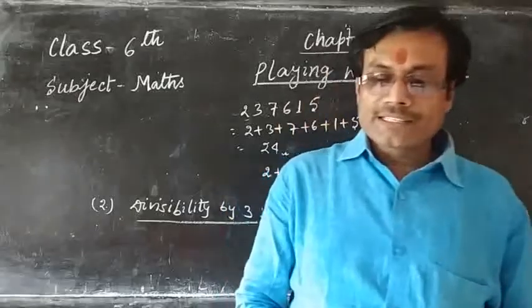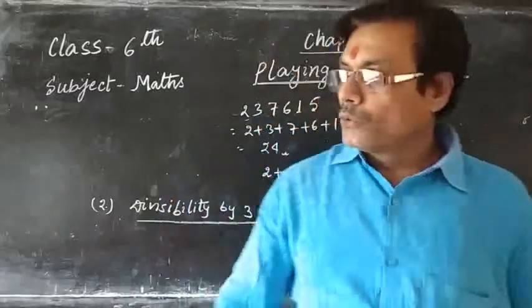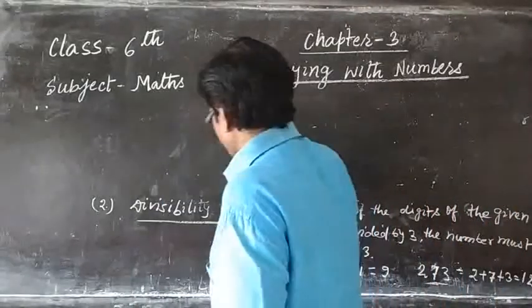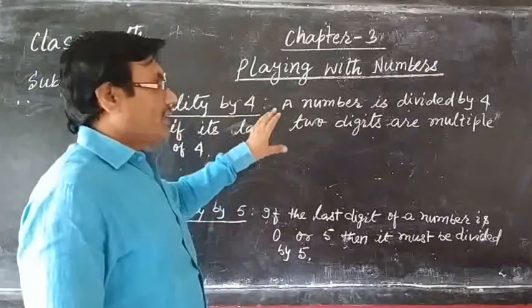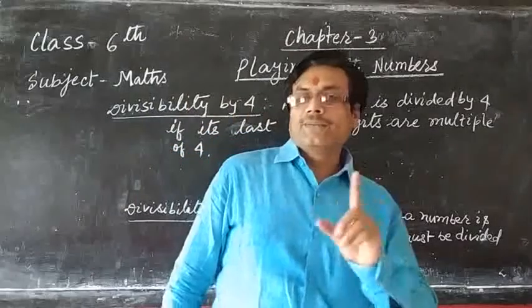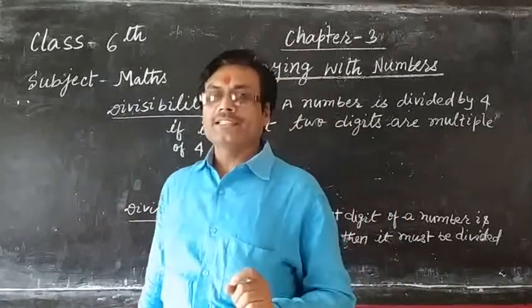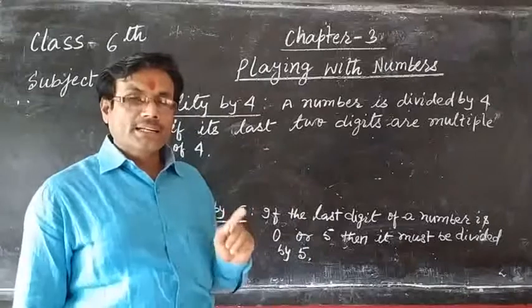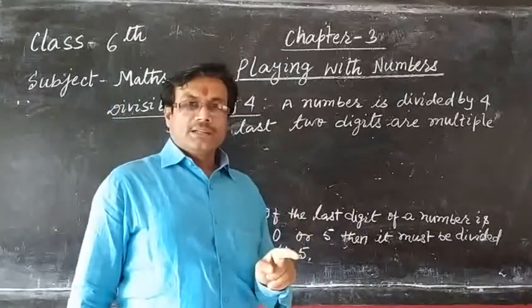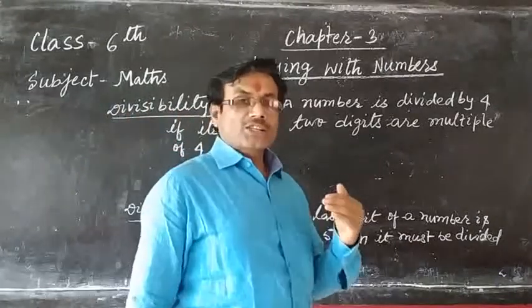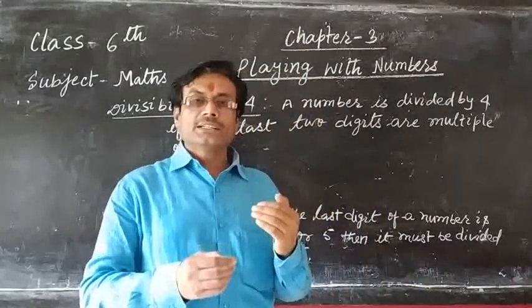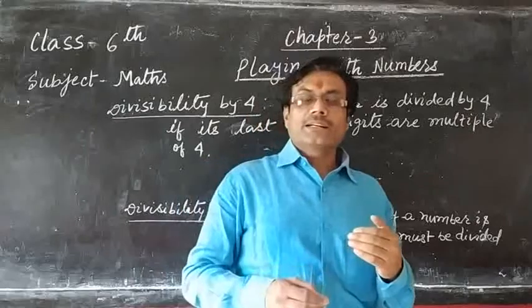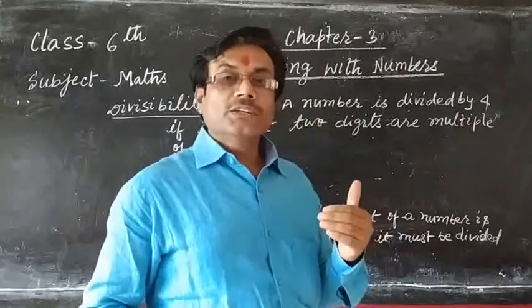Now we will see divisibility of 4. Divisibility by 4: a number is divisible by 4 if its last two digits are a multiple of 4. Means आपको क्या चेक करना है? Just you have to check whether the unit and tens place digits together are divisible by 4 or not.